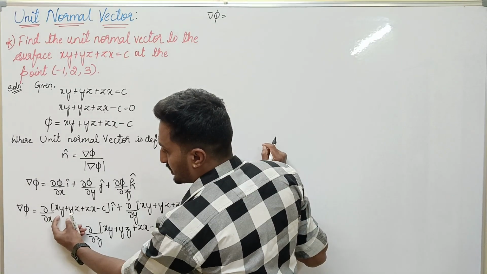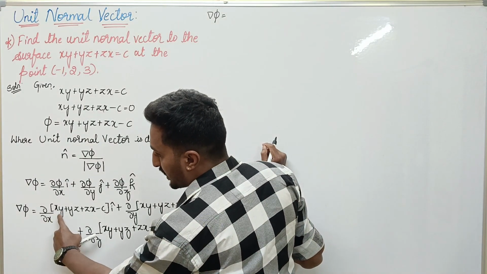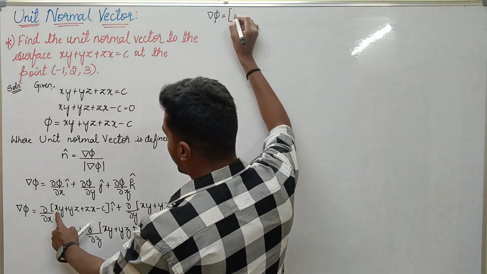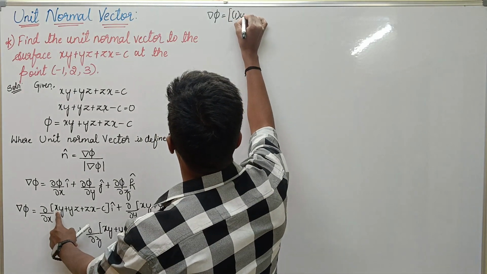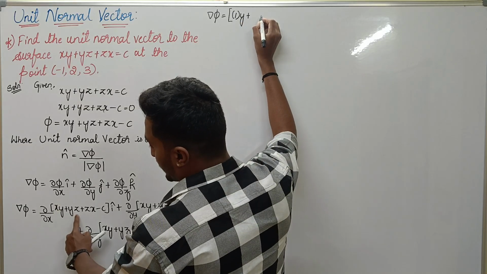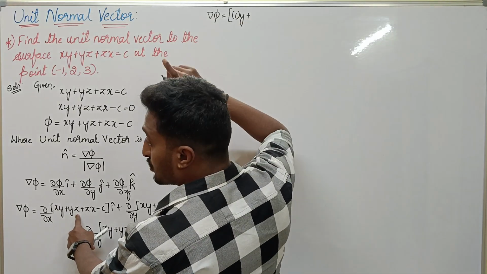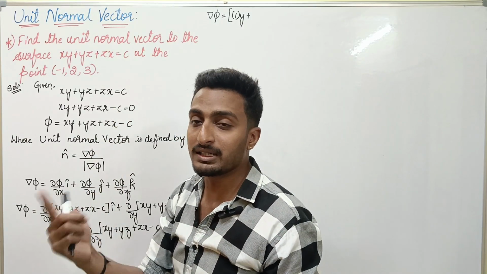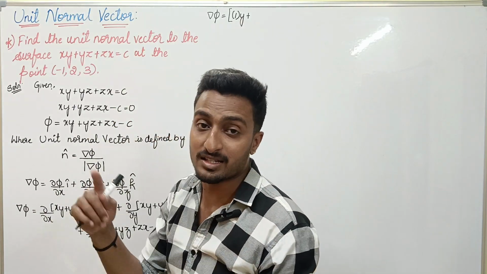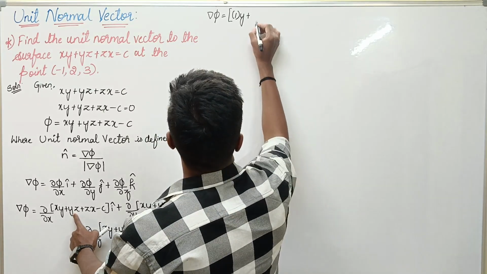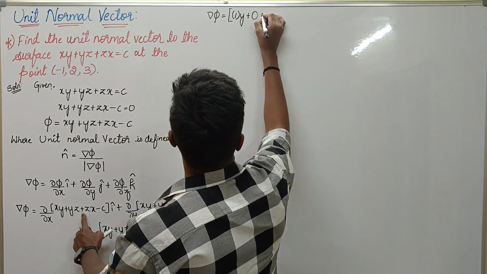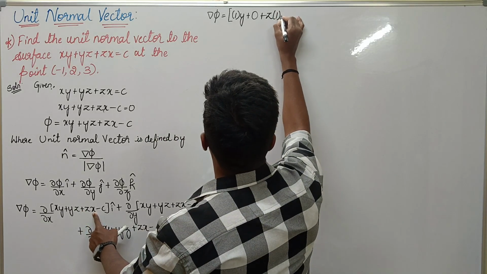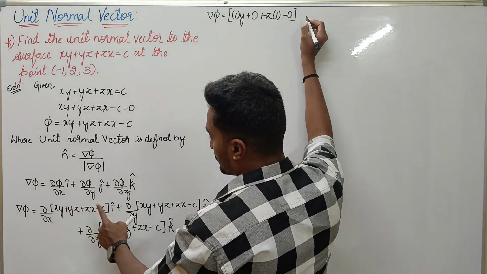In the first term, xy, we have x, so y remains constant. Differentiation of x with respect to x is 1, so we get y. In the second term we don't have x, so differentiation with respect to x is 0. In the third term, z remains constant, and differentiation of x is 1, so we get z. The constant term is 0.